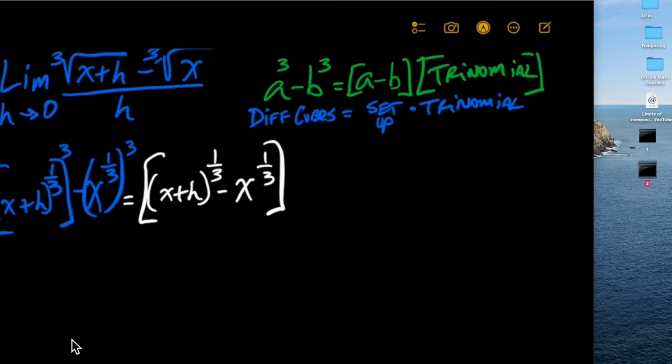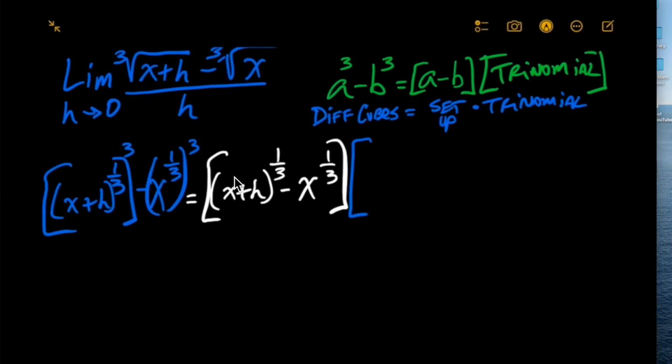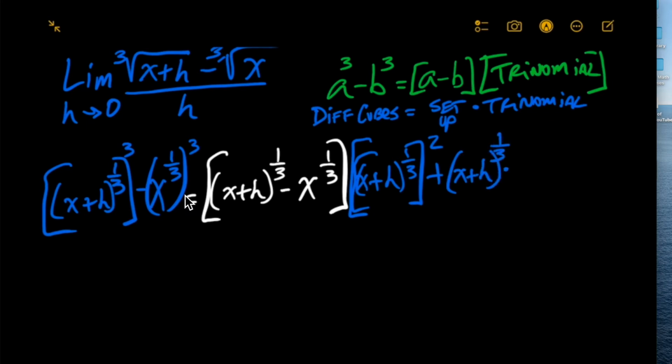Our trinomial is going to be this squared plus a times b plus b squared.